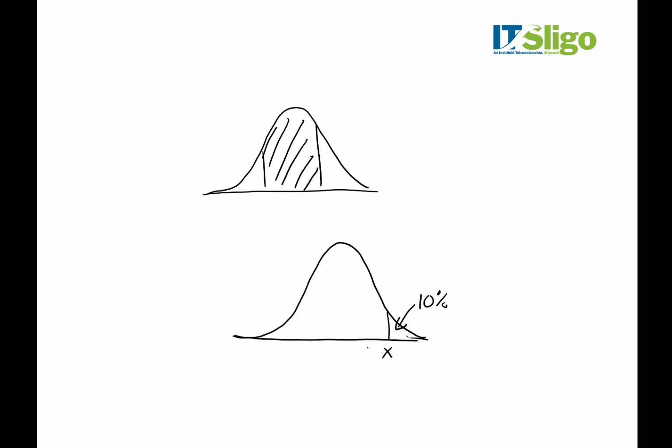We have to kind of reverse engineer the whole process, where we're actually starting with the answer, 10%, and working our way back to find X. What score would I need to get higher than in the maths exam in order to ensure that I am in that top 10%? So that's what we'll be looking at in the next lecture, guys.